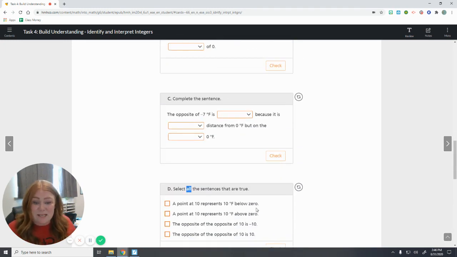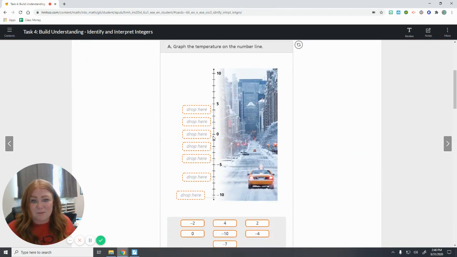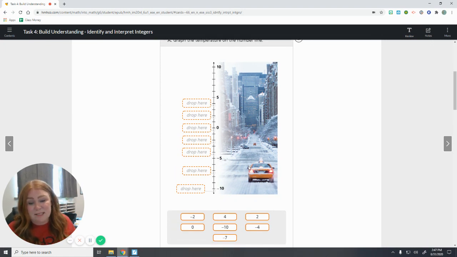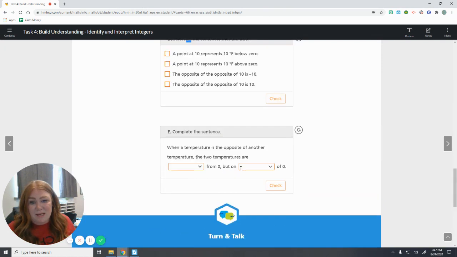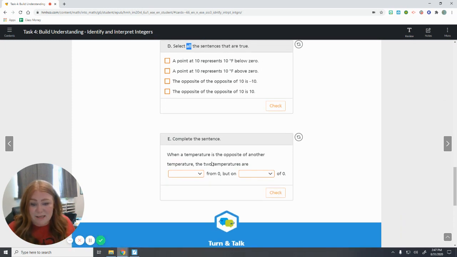So you need to read that first sentence and decide if that is true. A point at 10 represents 10 degrees above 0. So one of those is true, one of those is false. 10 positive is going to be above 0. So then go ahead and finish D and select all that are true. And pause the video if you need to finish that, and then come back to do E.